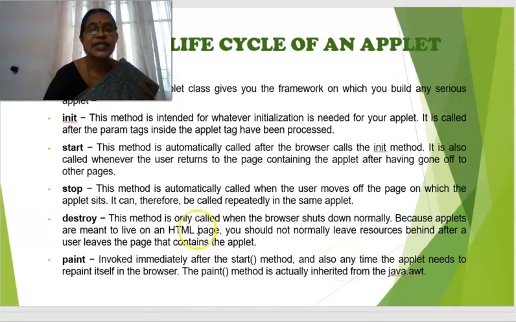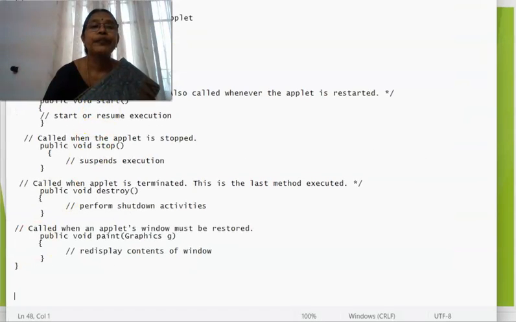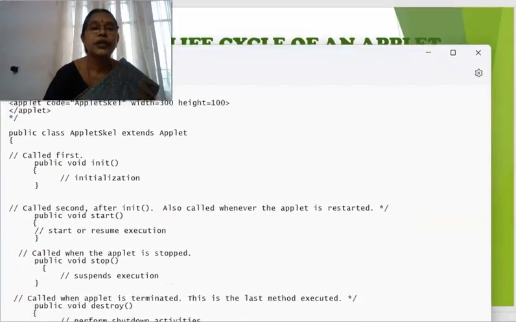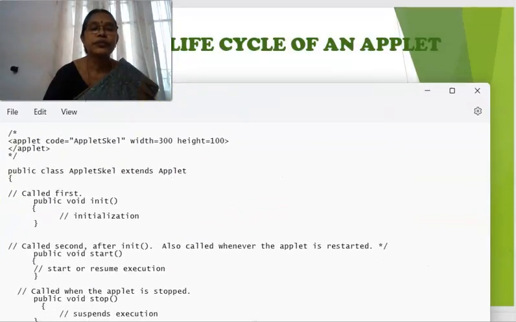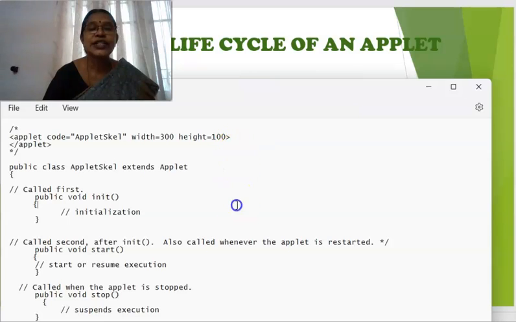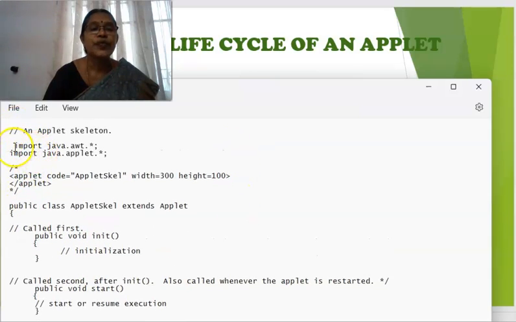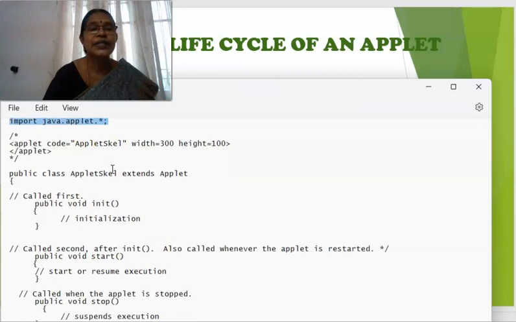So let us see the structure, or the architecture, of the applet with a small program. The skeleton of the applet looks like this. For a simple applet program, we have to import java.awt and java.applet.